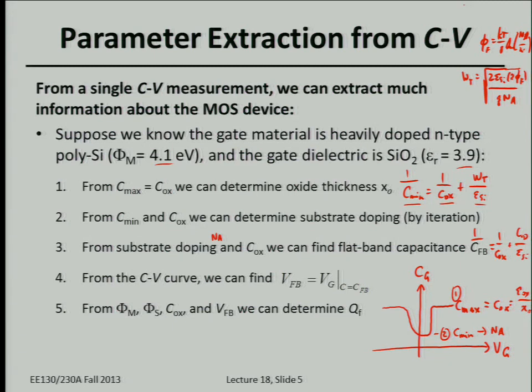So this is the permittivity of silicon divided by the Debye length. Now the Debye length is a function of doping. That's why you had to find doping first. Okay, so then you find out what is the value of C_FB, the flat band capacitance. Then you can see from the measurement what the flat band voltage is.